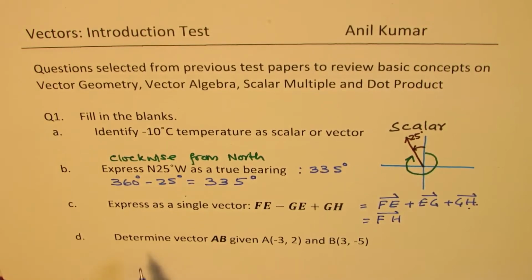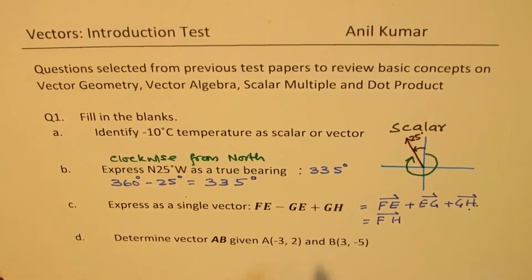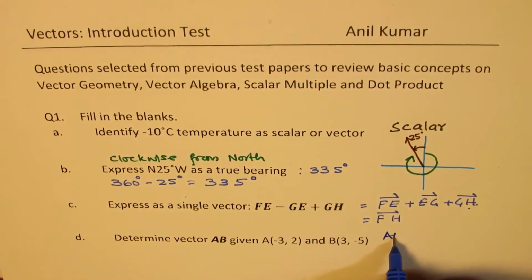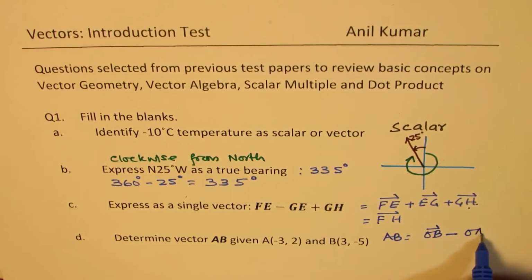Next one here is determine vector AB given. So these are the position vectors given. A is minus 3, 2, B is 3, minus 5. So in this case, what is AB equal to? So AB will be OB minus OA, right? Basically, it is OB minus OA, correct?